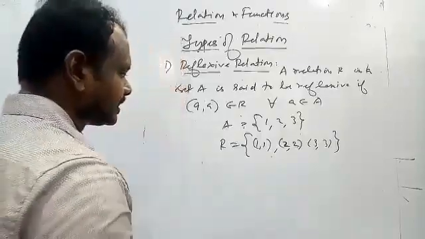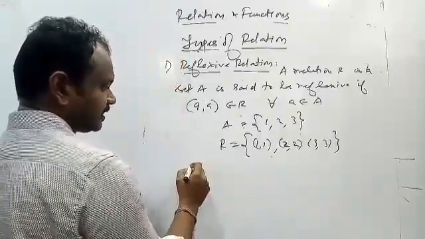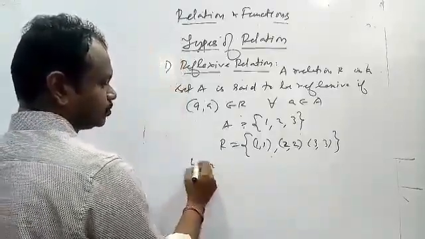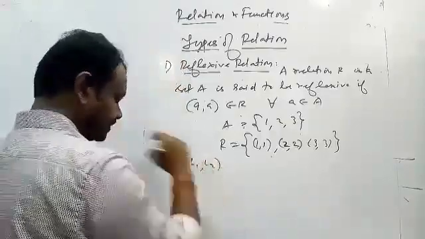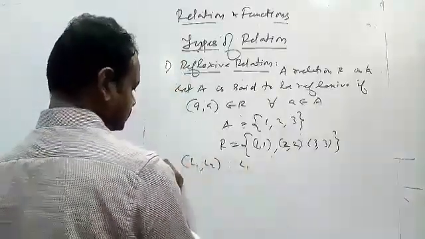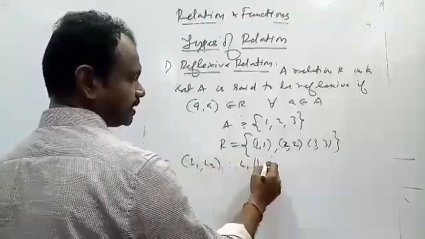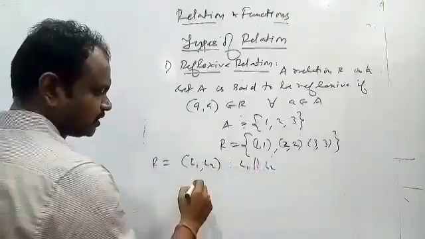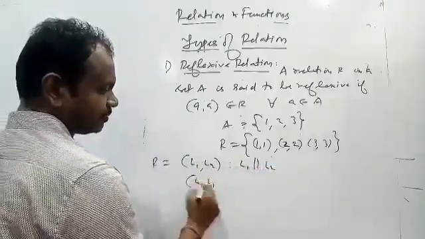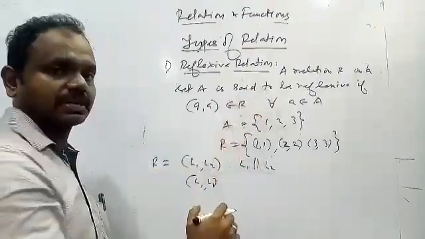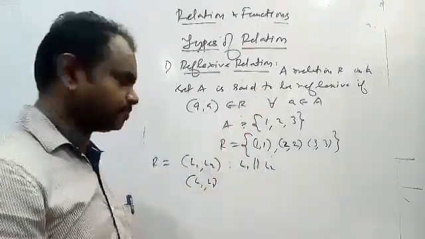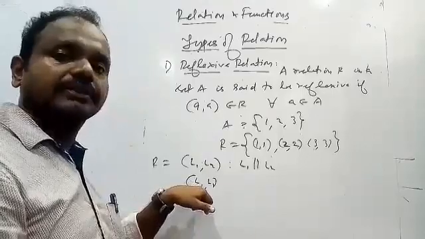If you want to take another example, for example I say that the relation R is such that L1 is parallel to L2. So if I write L1 comma L1, because in case of reflexive relation you have to relate with itself. The first line L1 you have to relate with itself only.